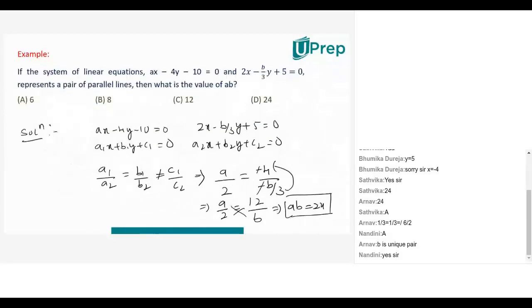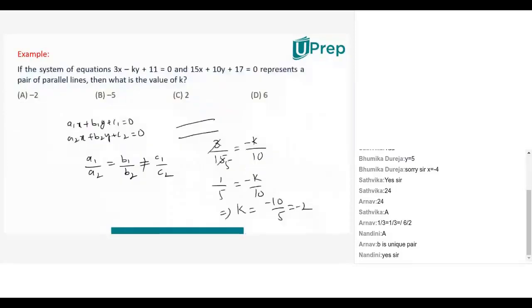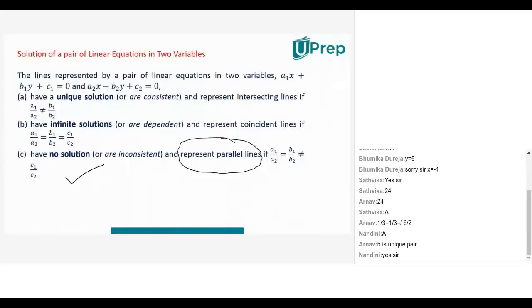A1 by A2 is not equal to B1 by B2, no? If A1 by A2 not equal to B1 by B2, then those equations will have unique solution. If A1 by A2 equal to B1 by B2 equal to C1 by C2, then they will have infinitely many solutions. Now for parallel lines, this is the condition. A1 by A2 equal to B1 by B2, not equal to C1 by C2.